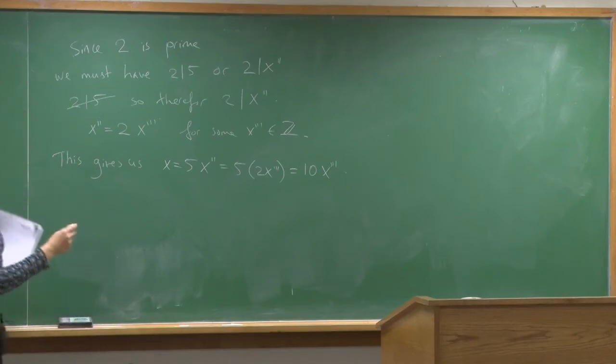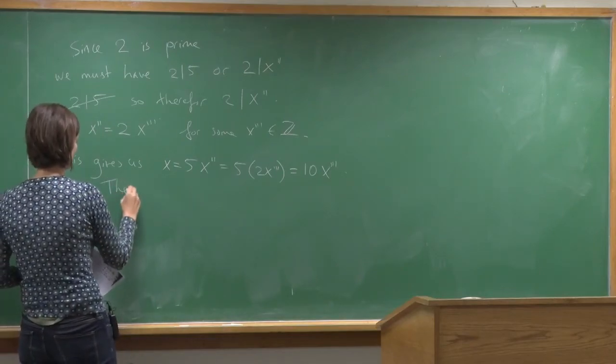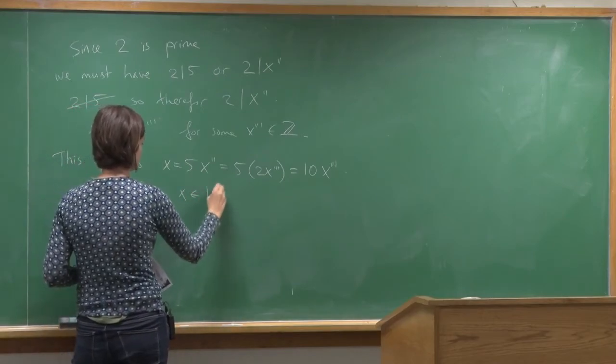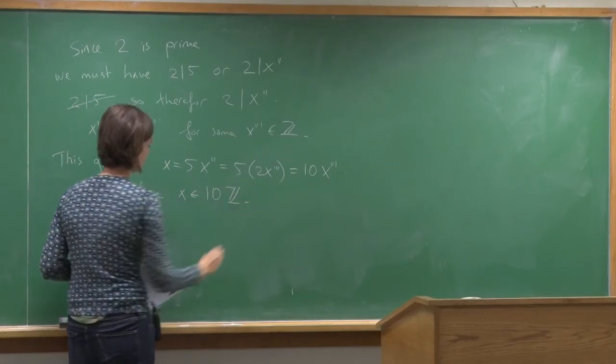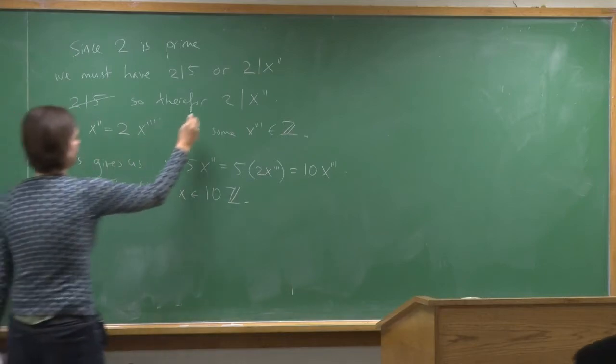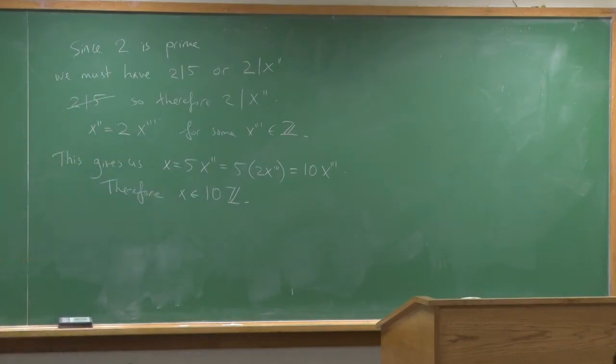And therefore x is in the set of multiples of 10. Right. That's the conclusion where we wanted to get. But we have to be very careful here, right? Because, for example, if 2 wasn't a prime, then this wouldn't have been as easy. Then we weren't sure what divides what.